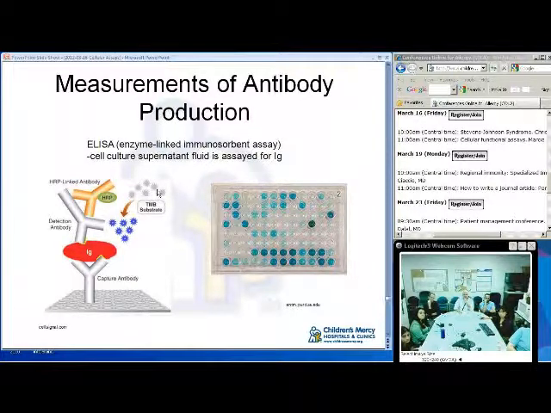So we would take the cell culture supernatant fluid. On a 96-well plate here, we'd have the capture antibody. Then we would put our cell culture supernatant fluid on here, which would contain our antibody. Then we would have our detection antibody next. So say if we were looking at IgM, this would be anti-IgM.